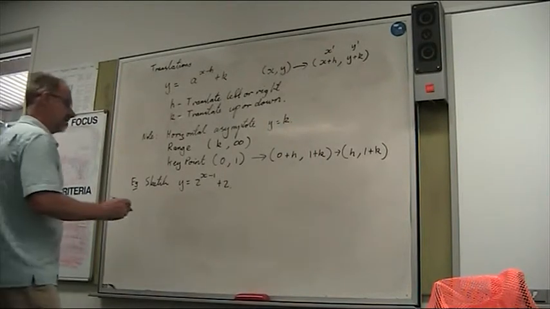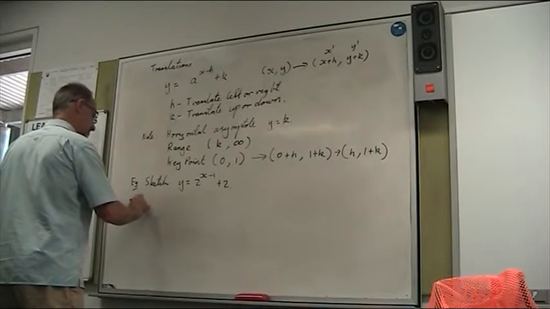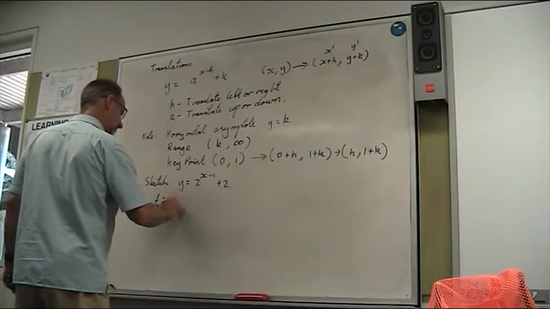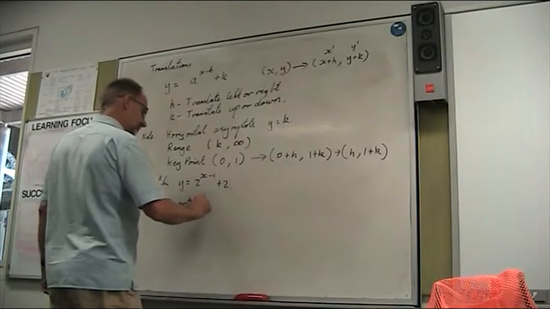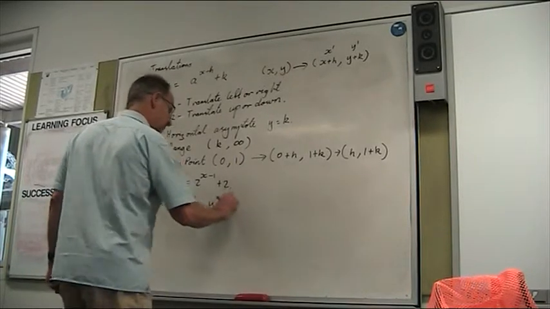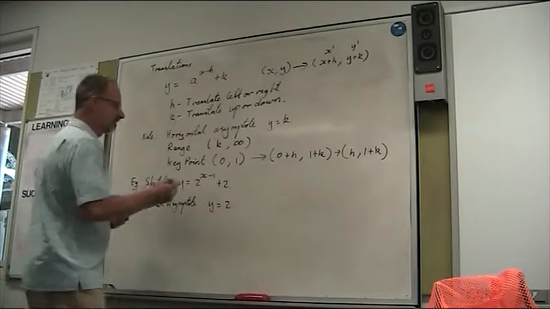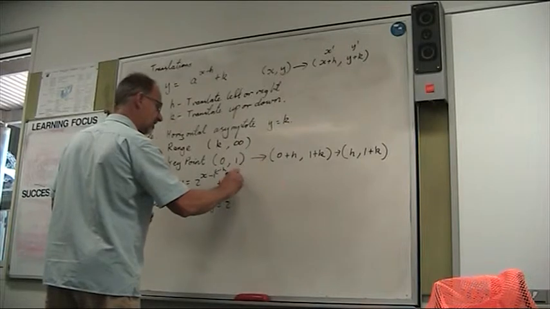So, key things: our horizontal asymptote is y equals 2, because the 1 there is our h and the 2 here is our k.